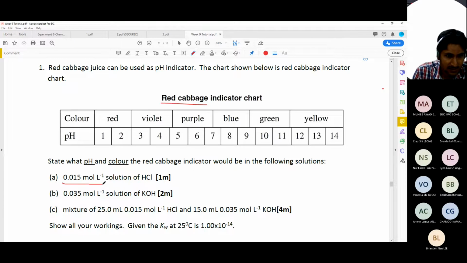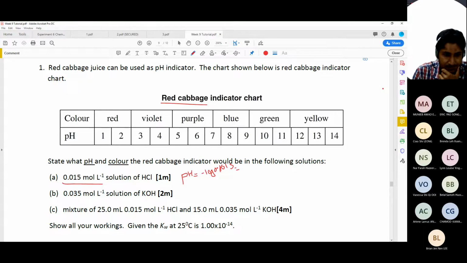So this is mole per liter already. We can just find the pH, which is the negative log of this value, 0.015, right? So from here we see that it is around 2.